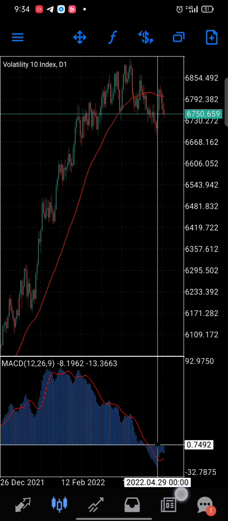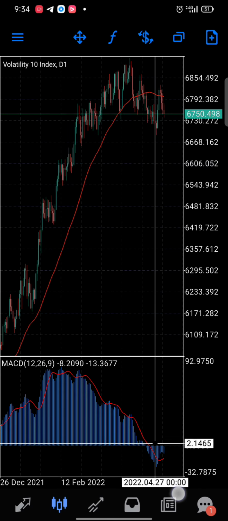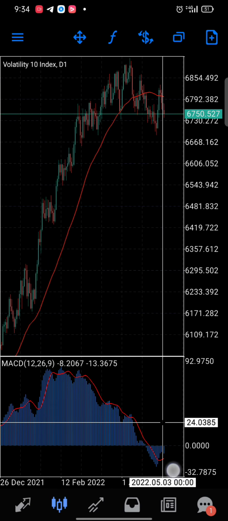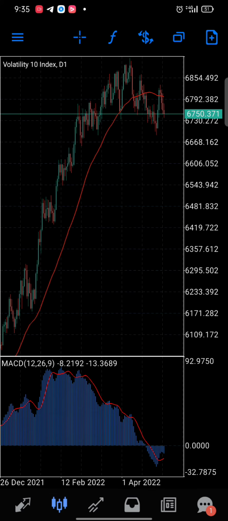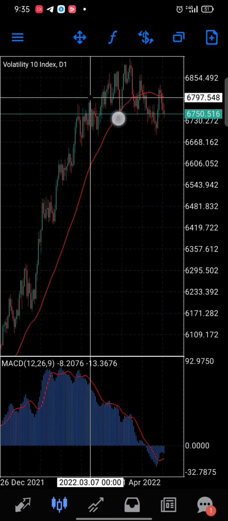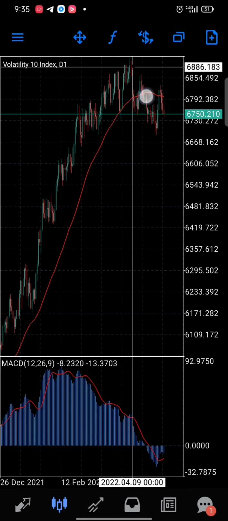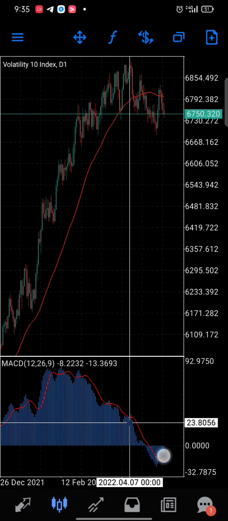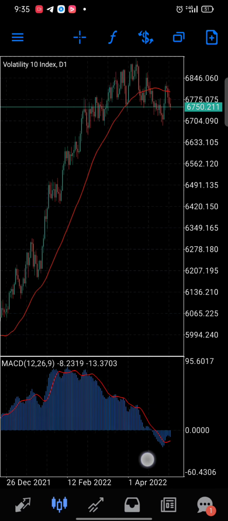You can see this midpoint is the 0 level, so if it goes below the 0 level, it indicates a sell, and if it goes above the 0 level, it indicates a buy. Now look, when should you place a sell with this strategy? At this point, the moving average crossed above the chart, it indicates a sell, and then the MACD is below the 0 level, it also indicates a sell.